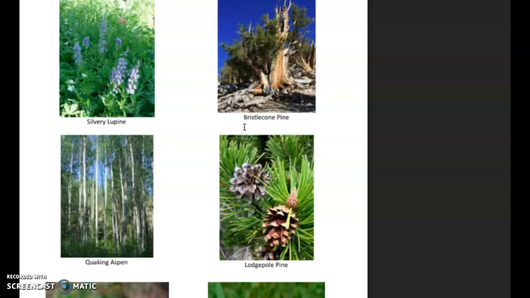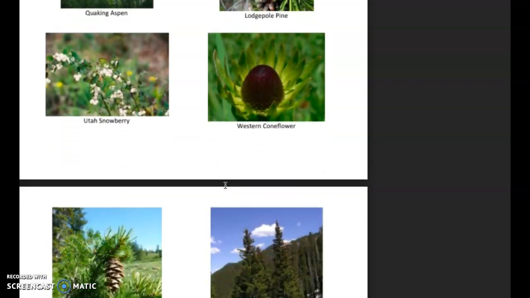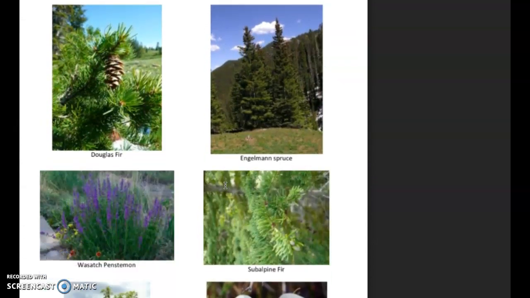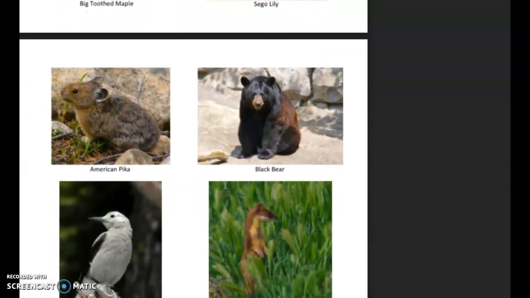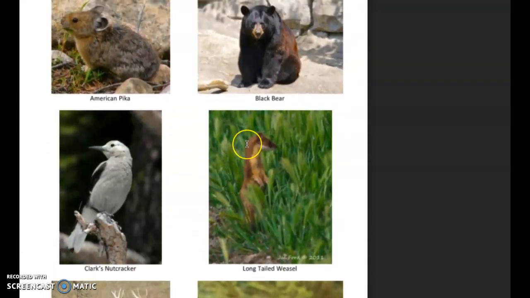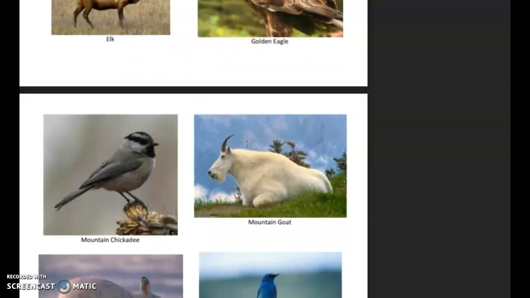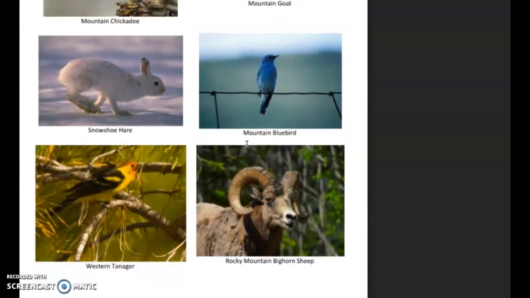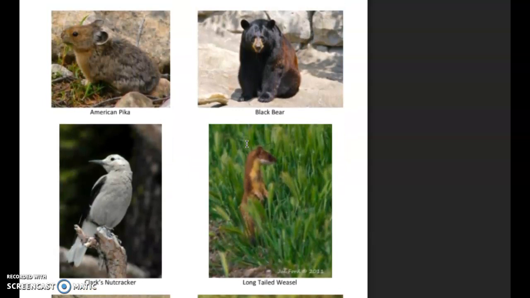Again, I'm going to start up at the top and scroll through. Aha! So I'm coming down here. All of these are animals, but is there a way that we could sort these animals? One thing that I'm noticing is that some of them are mammals and some of them are birds.